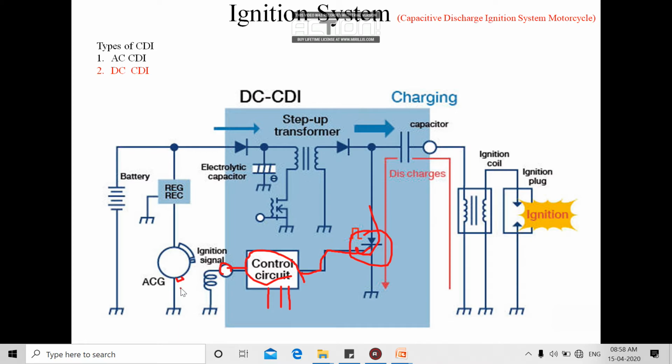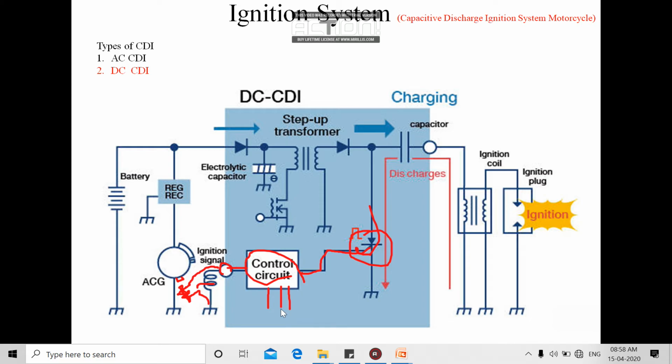Okay, that peak is there, and the pickup coil is here. Similarly in this image also we are just taking out this pickup coil here. This is negative earth, and this is connected here. So this thing is nothing but this one. Okay, so this is a pickup coil, and the pickup coil trigger input is taken into the control circuit. Engine temperature sensor input is taken into the control circuit.